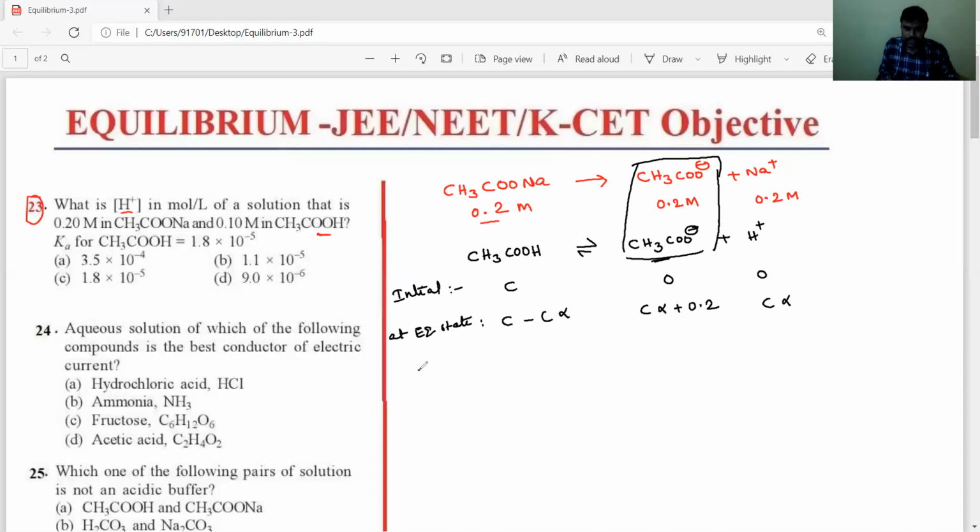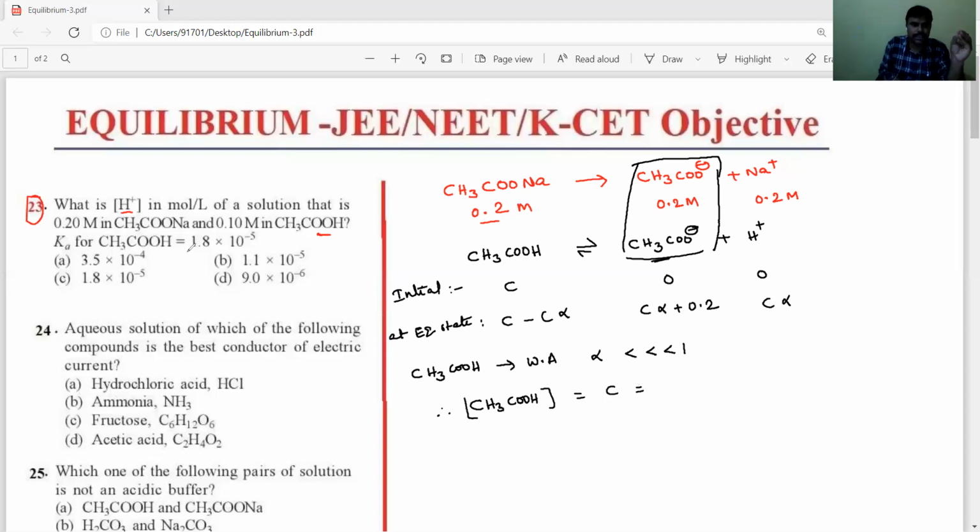And this acetic acid, CH3COOH, is a weak acid, and its degree of dissociation alpha is very much less than 1. That's why we have to consider it as 0. Therefore the acetic acid concentration, CH3COOH concentration, we have to consider as C only.